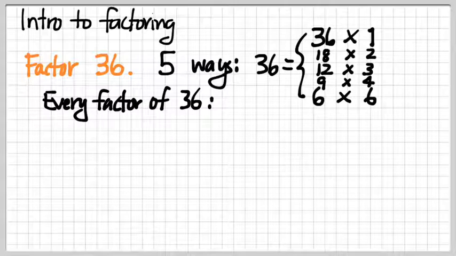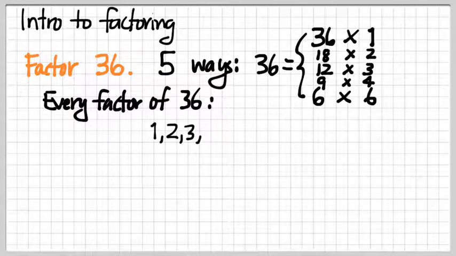And there would be not 5, but I could go through this chart that we made up here and kind of count each different number that I see once. So 1, 2, 3, 4, 6, 9, 12, 18, and 36. Those are the different factors of the number 36. So there's actually quite a few, but it's still, again, a finite number.